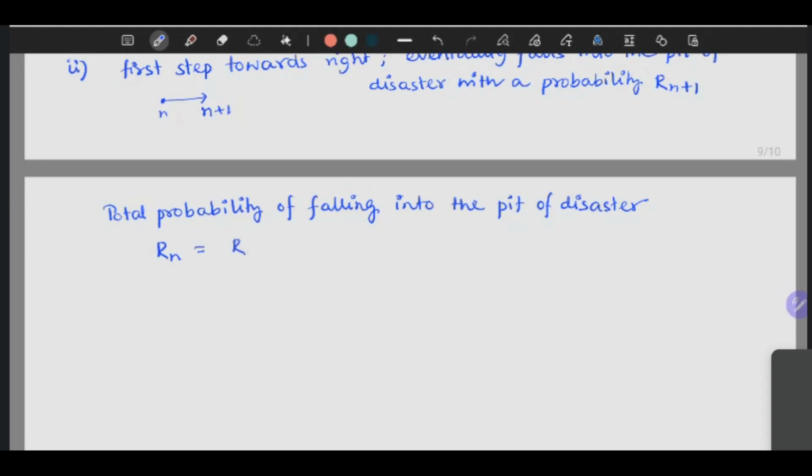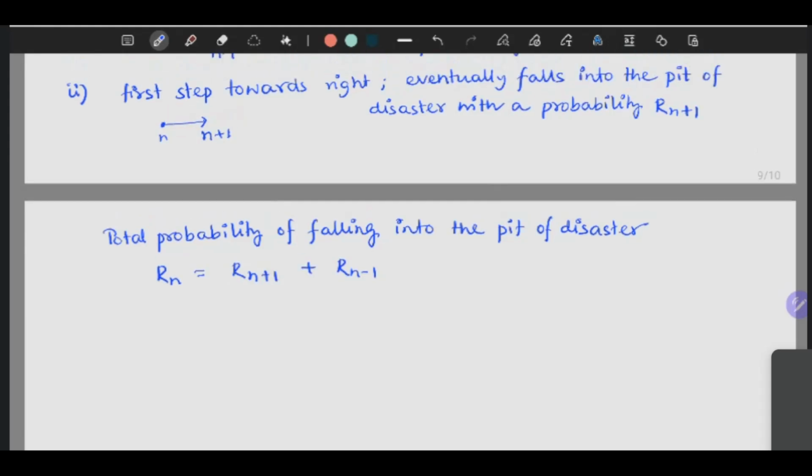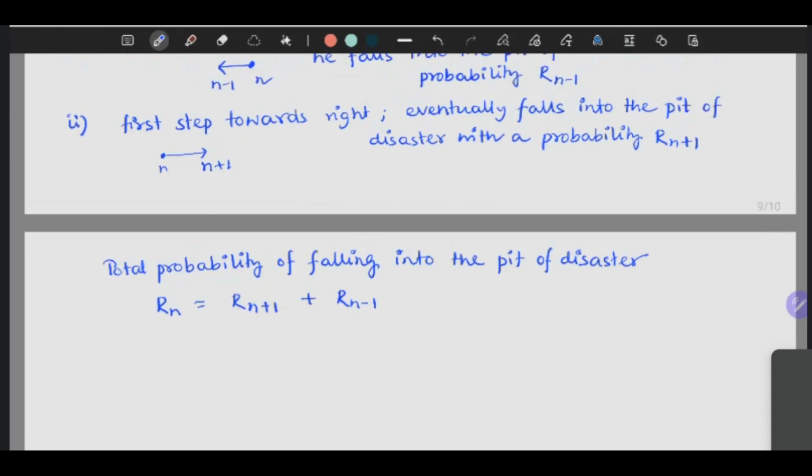It is R_n = (1/2)(R_(n+1) + R_(n-1)), because there is a 50% chance of taking the first step in the right direction and a 50% chance of taking the first step in the left direction. So that's why there is a half. Let's say this is equation number 1. Now how can we solve this recursion relation?